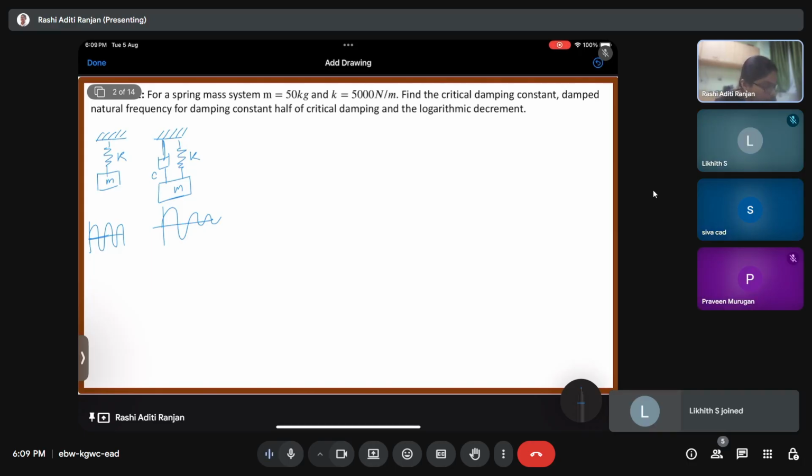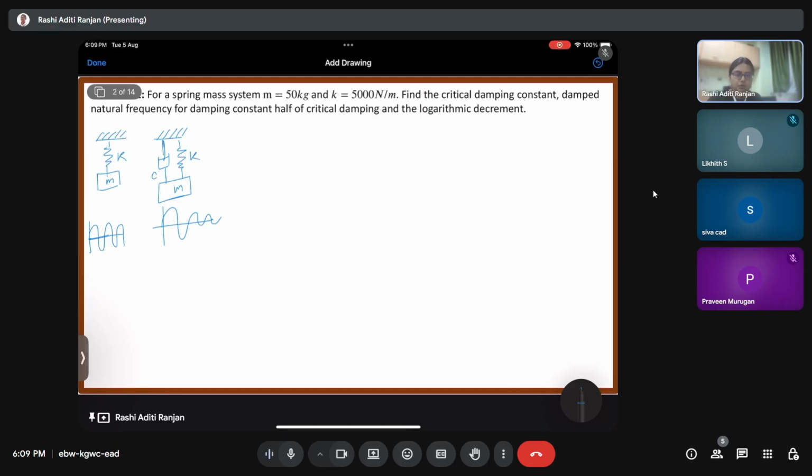This question says that for a spring mass system, M equals 50 kg and K equals 5000 Newton per meter. Find the critical damping constant, the damped natural frequency for a damping constant half of the critical damping, and the logarithmic decrement. Now, if you remember, for a damped system we could have three kinds of condition, right?